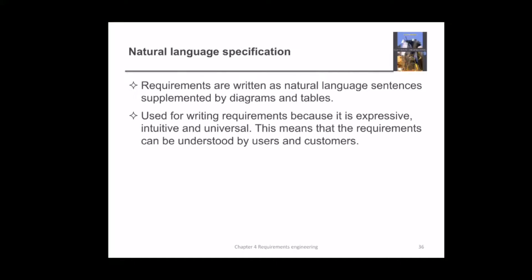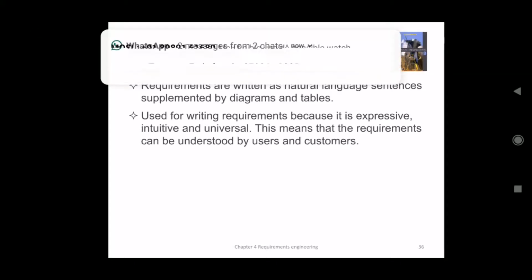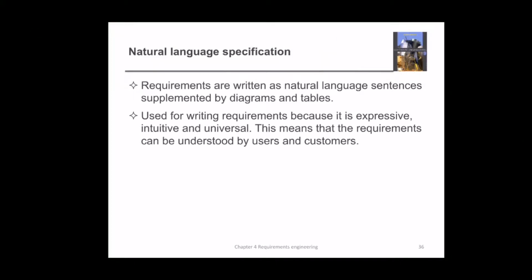Whatever natural language we are using, we can easily express whatever is required. The requirement document should be universal. It should be understood by everyone. This means that requirements can be understood by users and the customers.